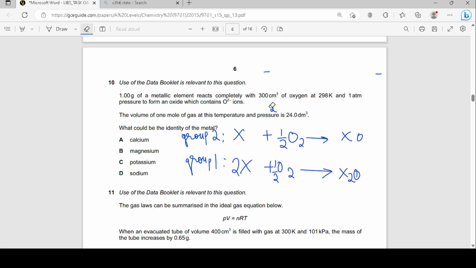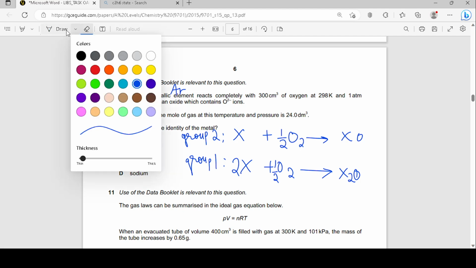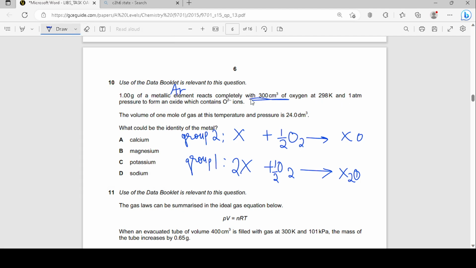Let's look at the options. So 1 gram of a metallic element, which we don't know the relative atomic mass of because we have to find that, reacts completely with 300 cubic centimeters of oxygen, and it's 24.0 cubic decimeters volume for 1 mole of the gas.